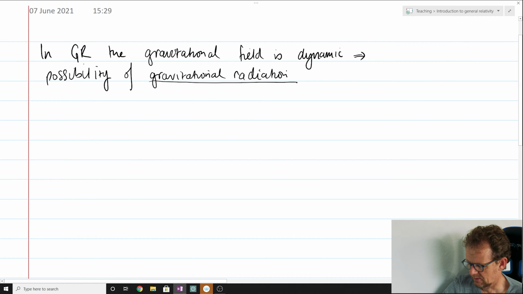So we need some kind of equations to get started, and we're going to use the source-free linearized equations that we introduced two lectures ago.